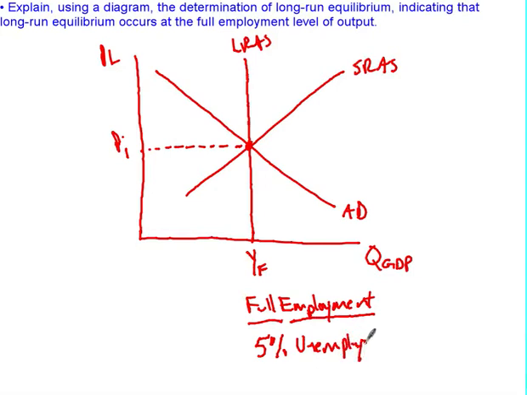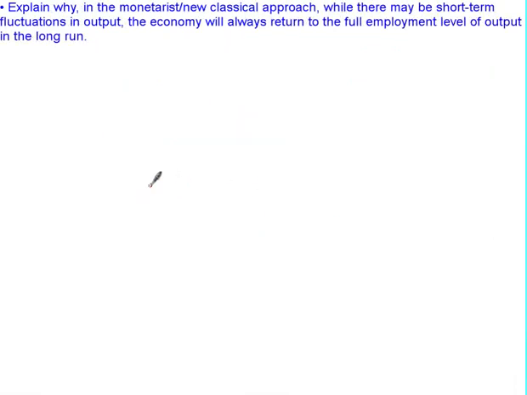All right, so we'd say that 95% of all the resources are being used to their maximum, but we do have this 5% of unemployment. So again, if the short run and the aggregate demand intersect along this long-run aggregate supply curve, then we consider ourselves at full employment. All right, so that's that one.